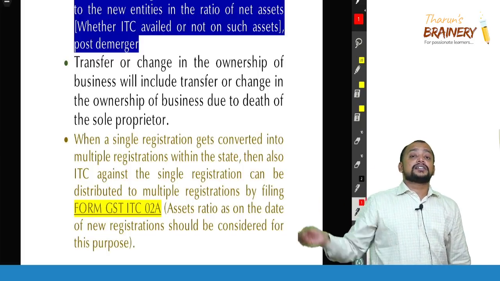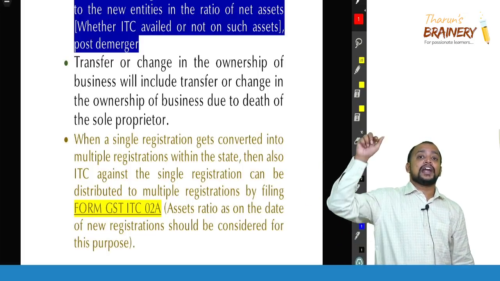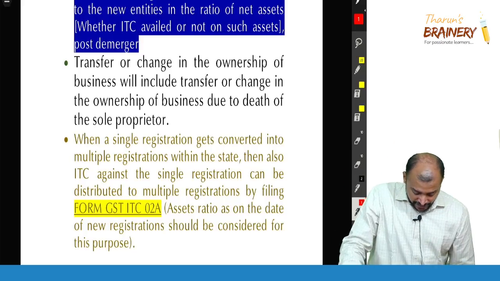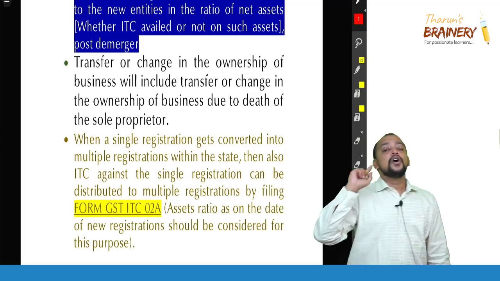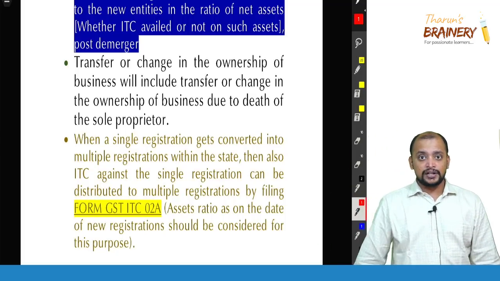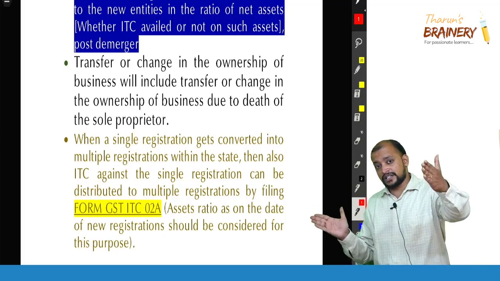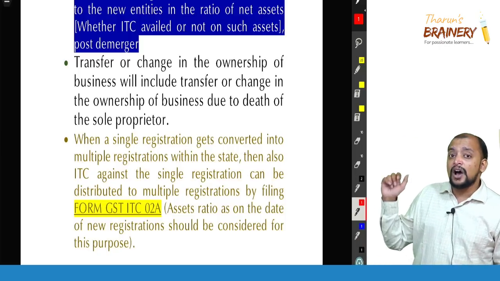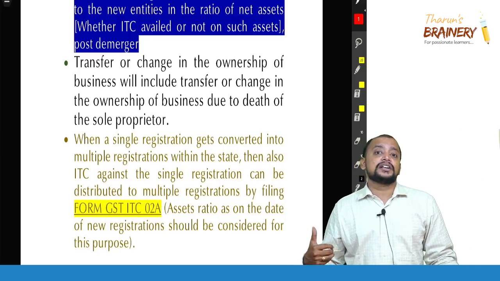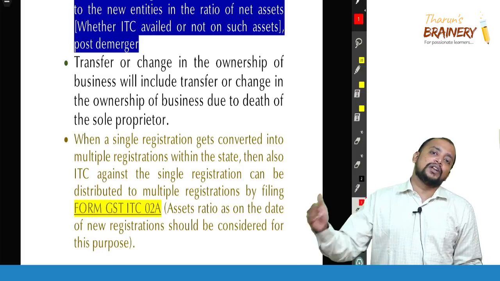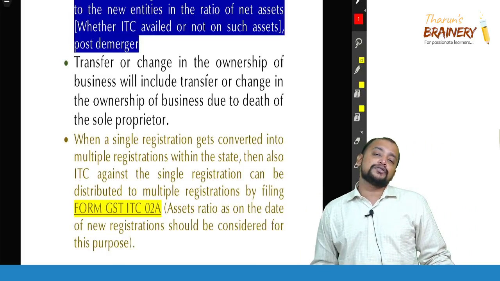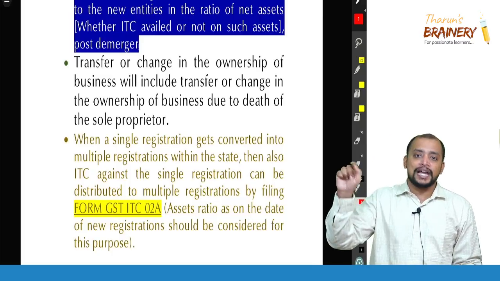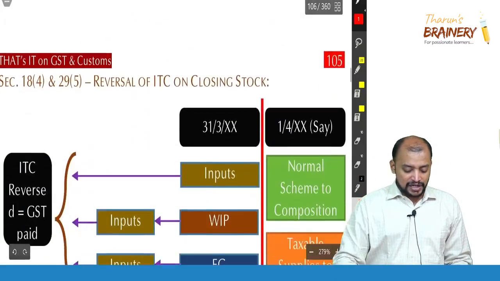On the date of that separation, whatever is the turnover, in the turnover ratio it will be distributed. What will be distributed? ITC will be distributed. For that, they need to file a form ITC 02A.